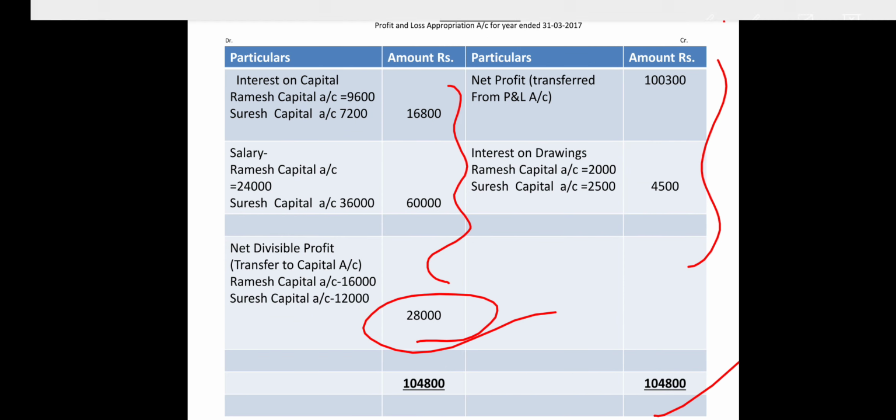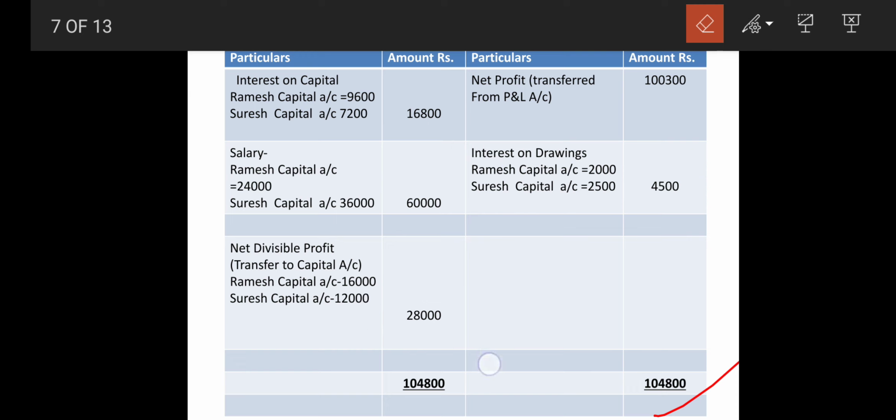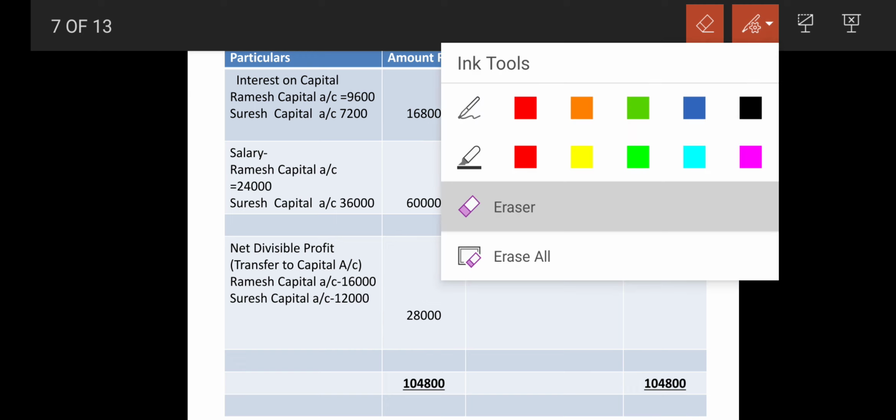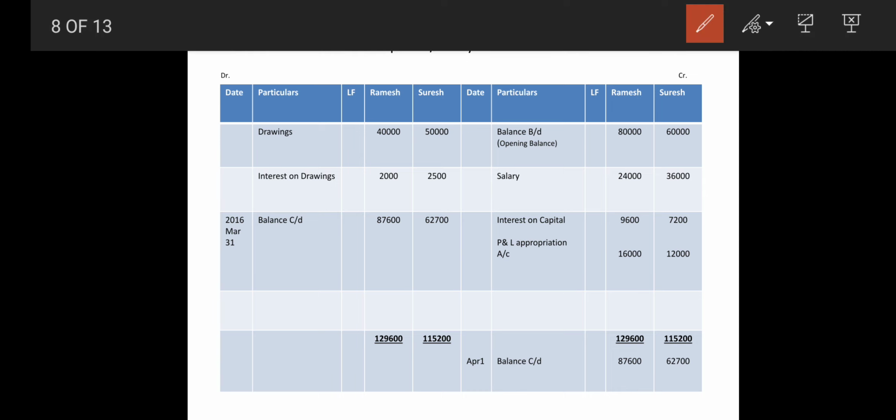So the final total will be transferred to the partners' capital account. Again, in the partners' capital account, we will get from P&L appropriation 16,000 and 12,000 respectively.